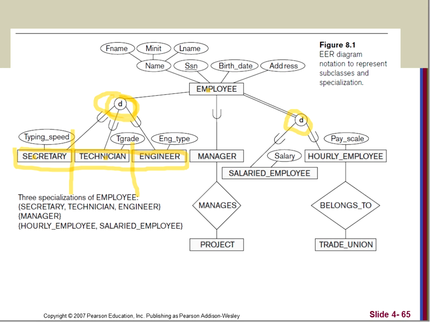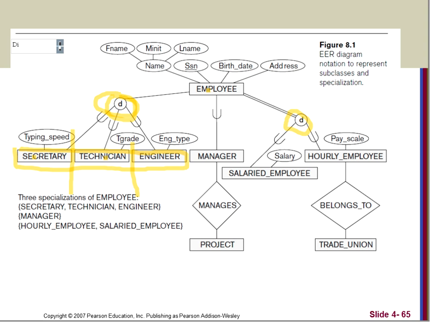So disjoint or overlap. In case subclasses do not overlap, which means a member of the superclass employee is only one of the subclasses, either secretary or technician or engineer, at that time it is disjoint.